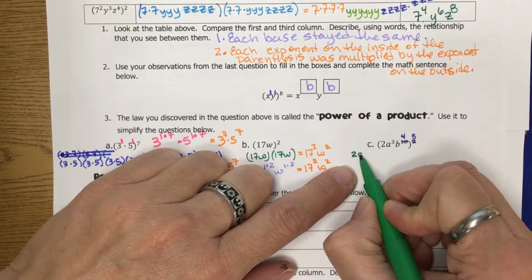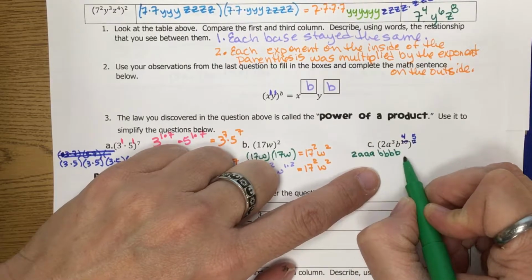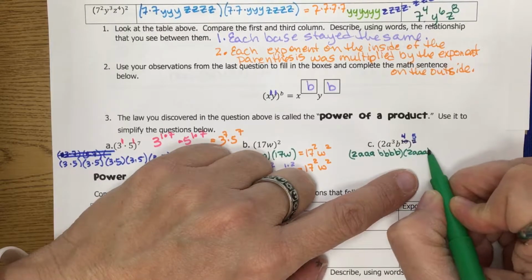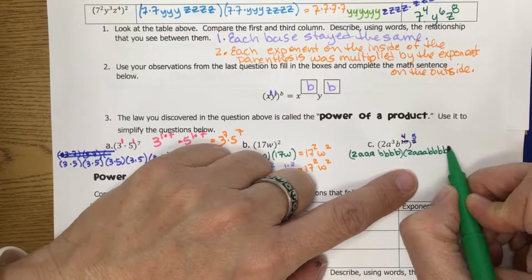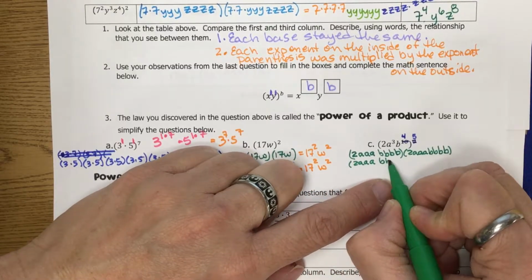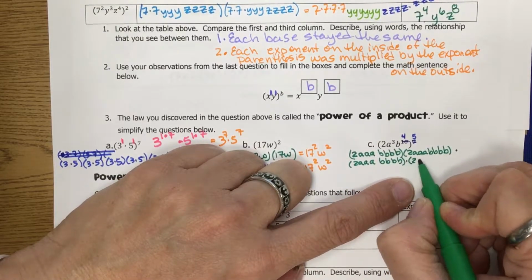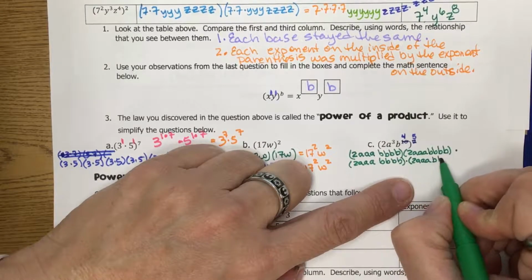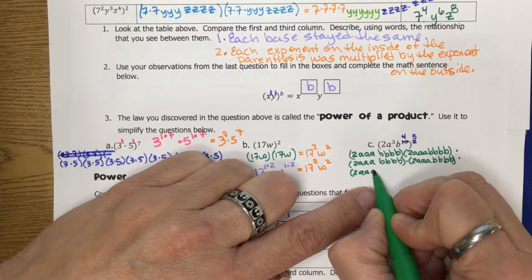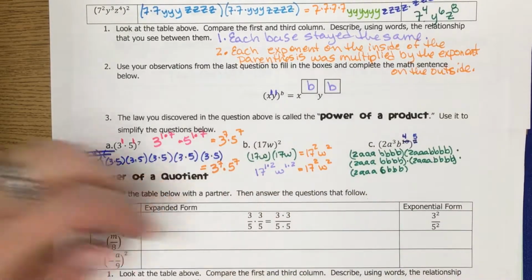So I have 2 A, B, B, B, B, multiplied 5 times. 2, A, B, B, B, B. Oh, I forgot the multiplication there. 2, A, B, B, B, B, and one last time, 2, A, B, B, B, B. Okay.